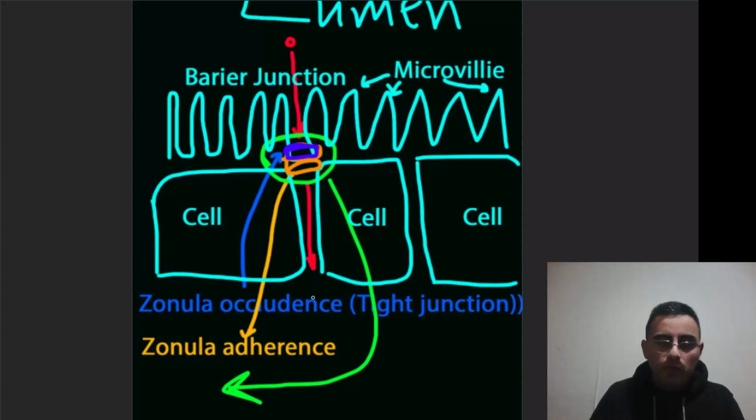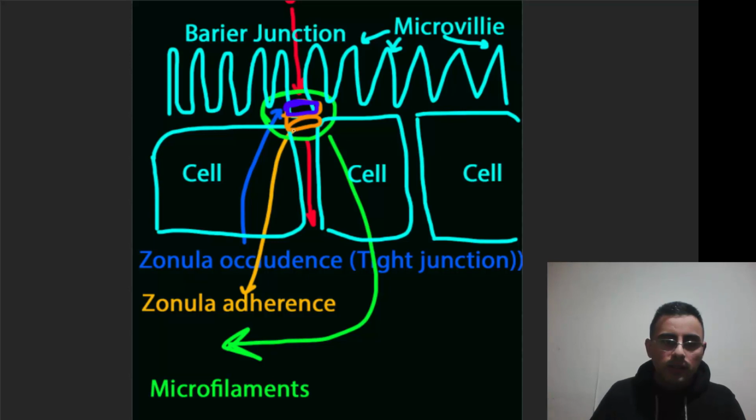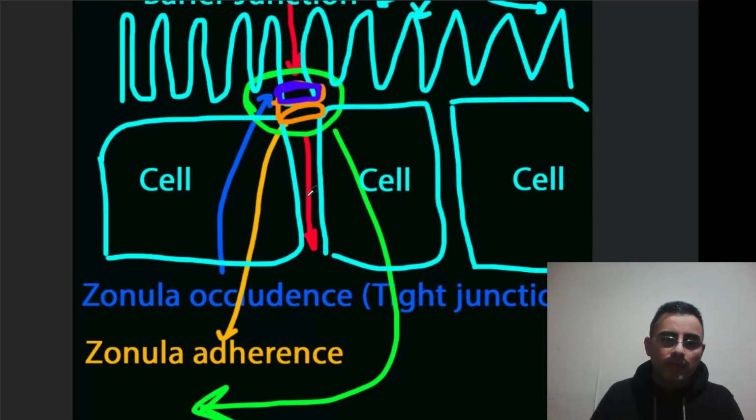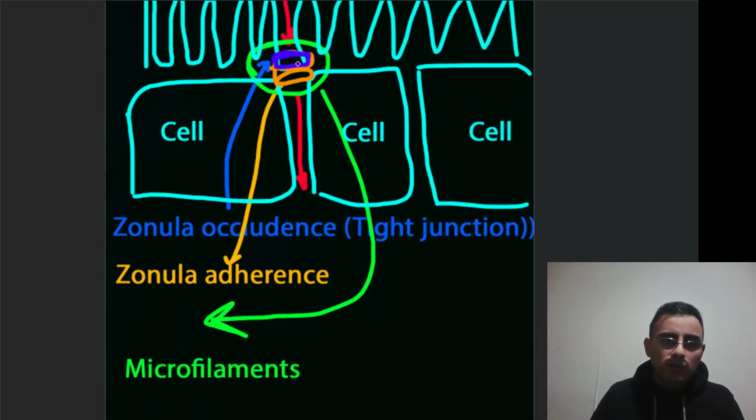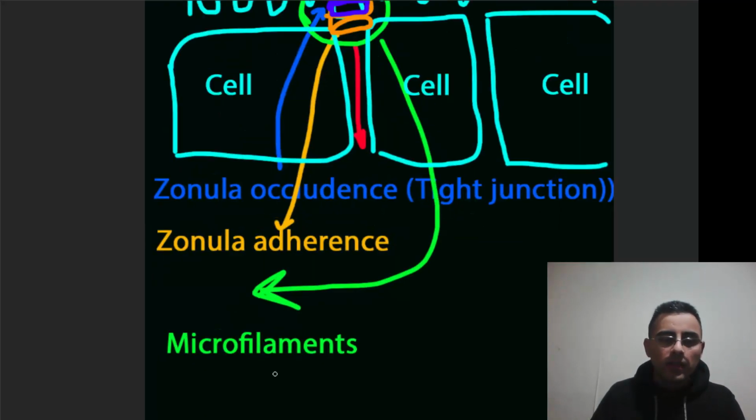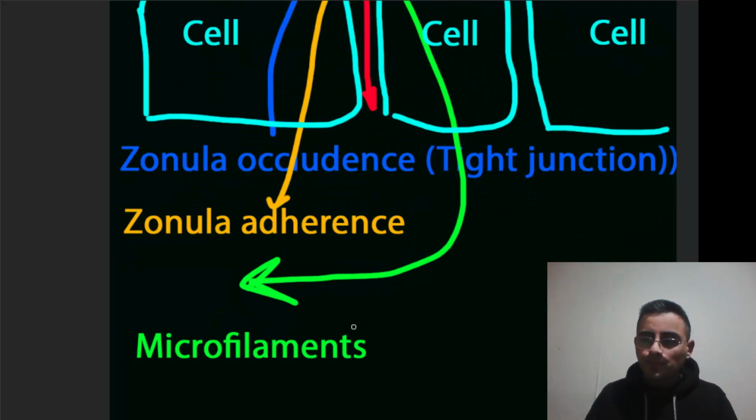In this space is the pathway for molecules, and here is the barrier for these molecules, and it is named barrier junction because of it. This barrier junction consists of two types of junction: zonula occludens and zonula adherens.